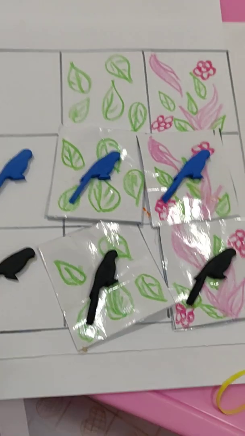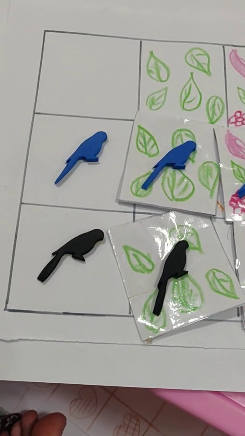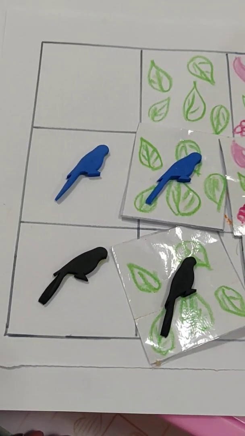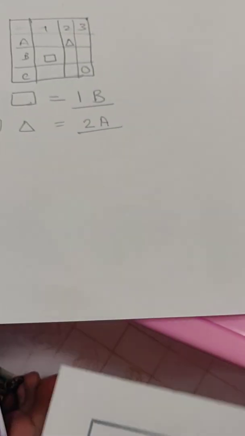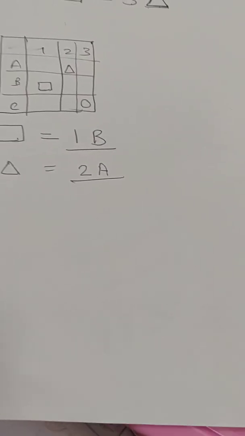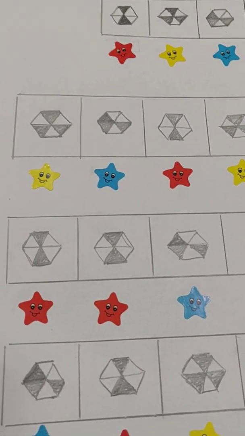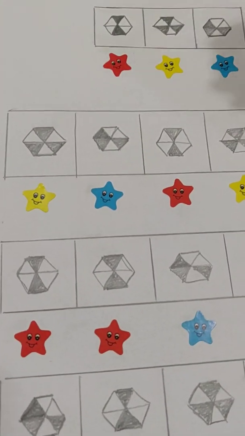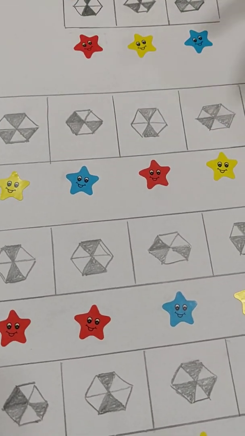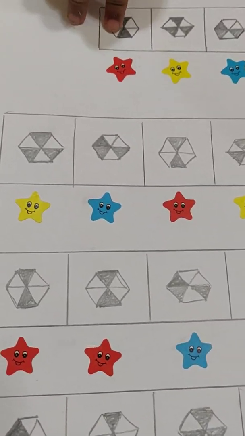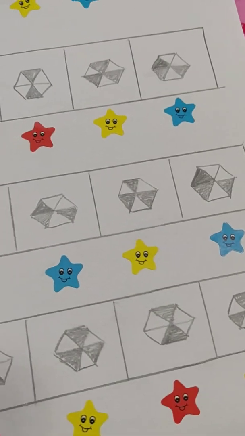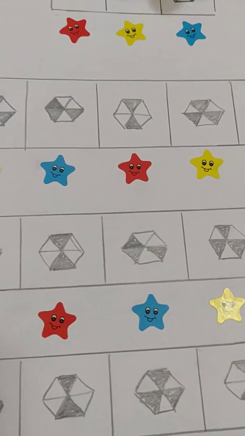This is simple for us to do because we know how it works, but for children it is a little difficult and challenging. So she needs to keep the stickers which belong to this shape. These two red stars, the yellow star, the one blue star.